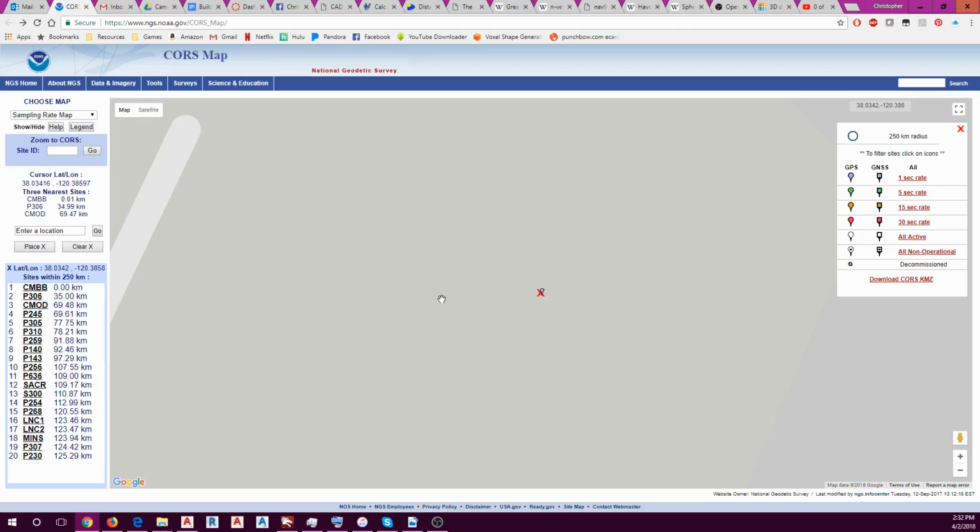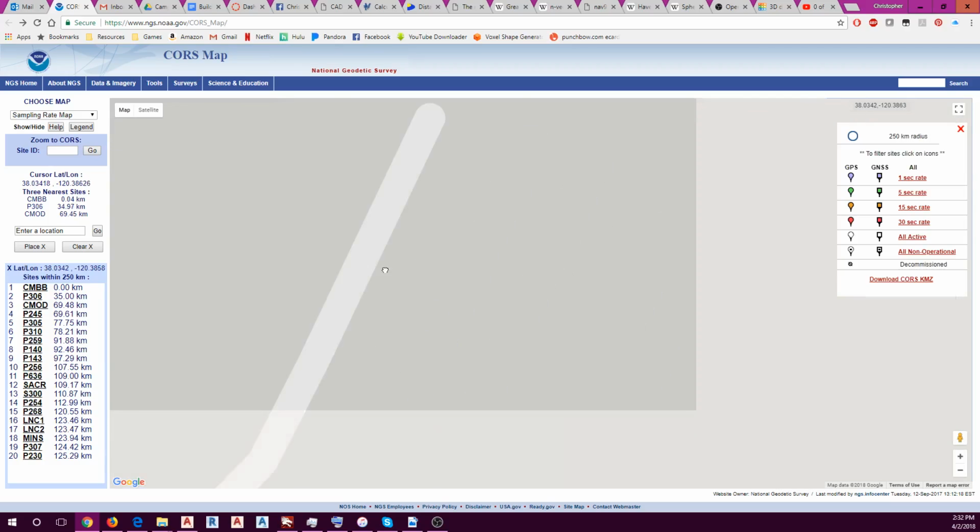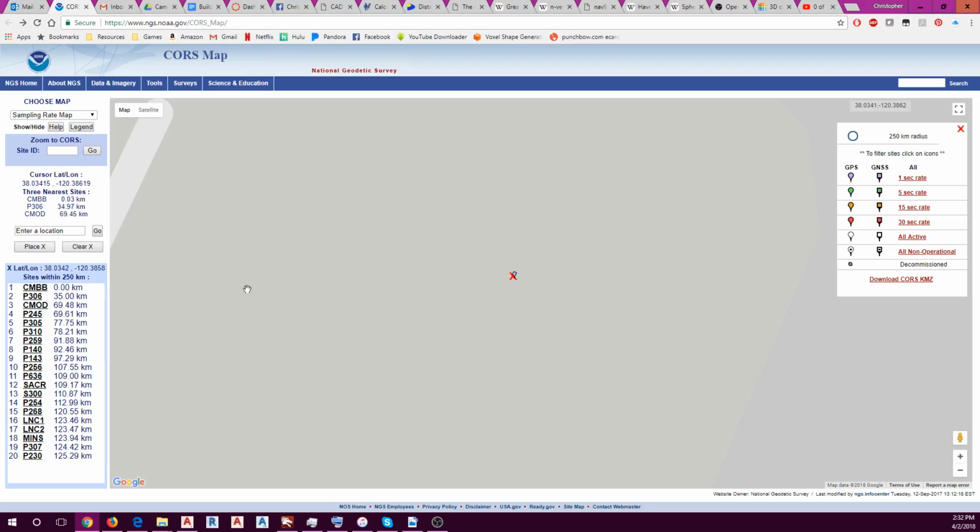There are all 20 of these locations. The CMBB is obviously the one that it's closest to because it's on top. But the P36 and the CMOD and the 245 and the 306 and the 310 and all of these are other points whose location is known incredibly precisely, just like the origin point.